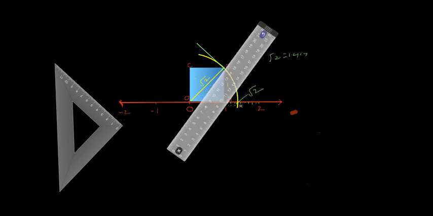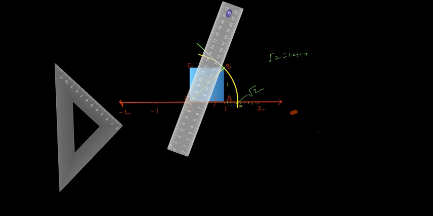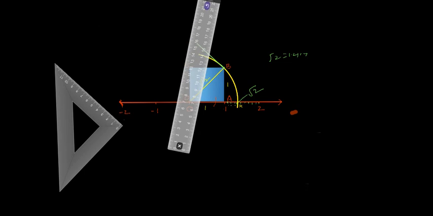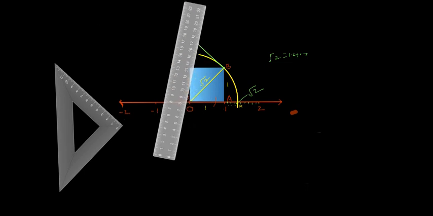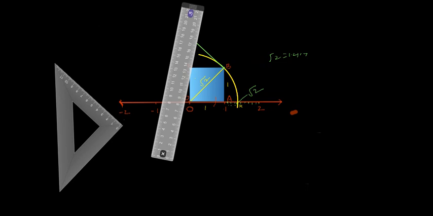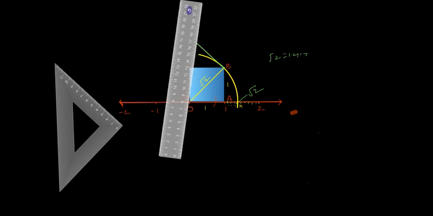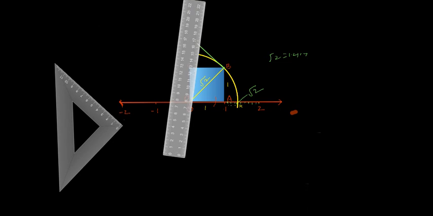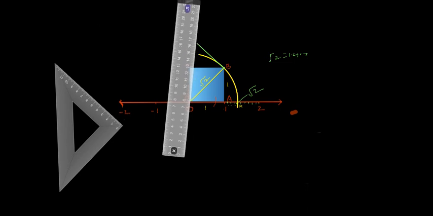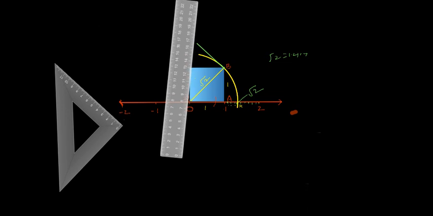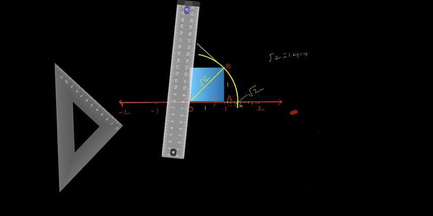You adjust the scale and you join a perpendicular at B with 5 centimeters.